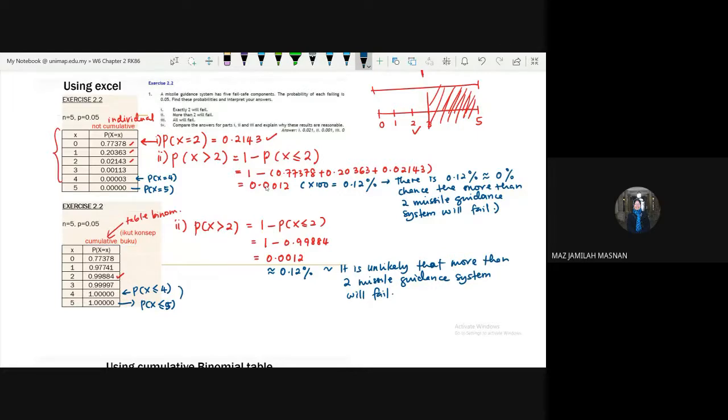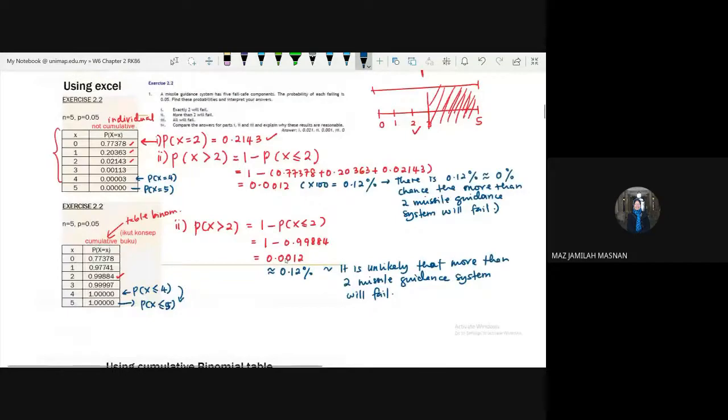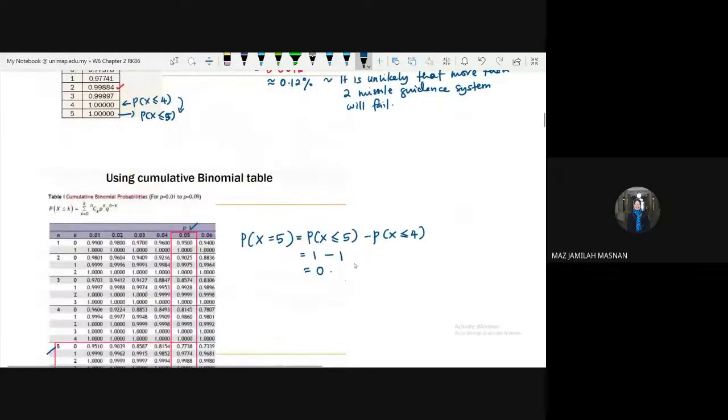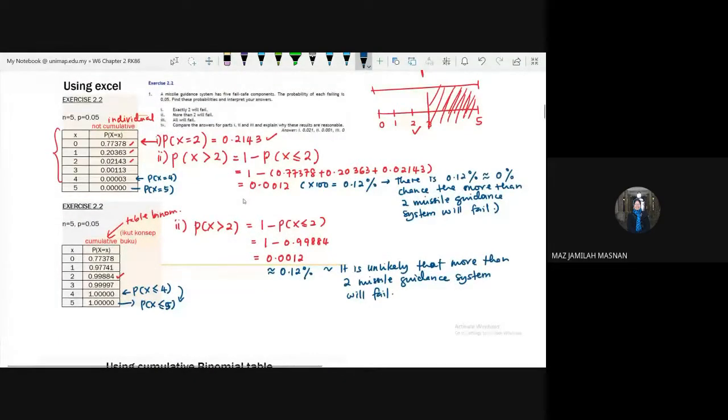So this one refers to what we have in the cumulative table. So it will be exactly the same here. You will get 0. But for this cumulative, okay, we don't need to discuss this. I'm afraid some of you might get confused with it.